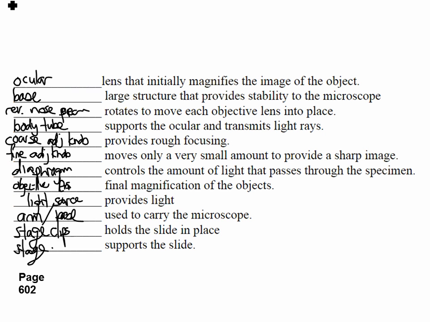There has to be a curve on that in order to bend the light. So if you have glasses, you'll notice they're curved. If they weren't curved and they were flat, they'd be windows, and they wouldn't magnify anything. They've got to be curved, okay?